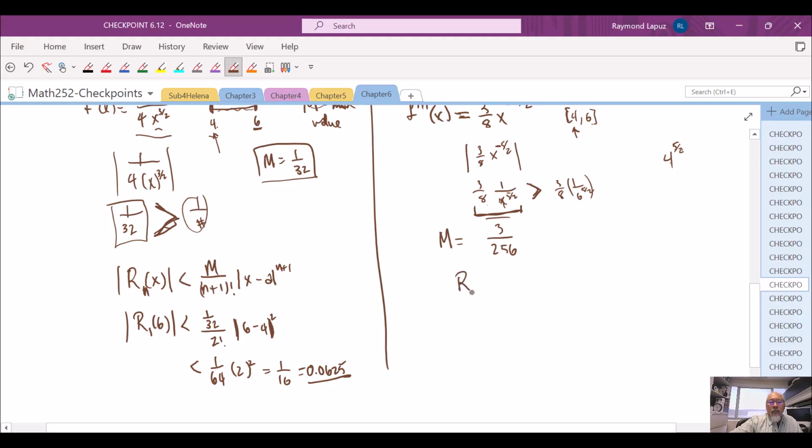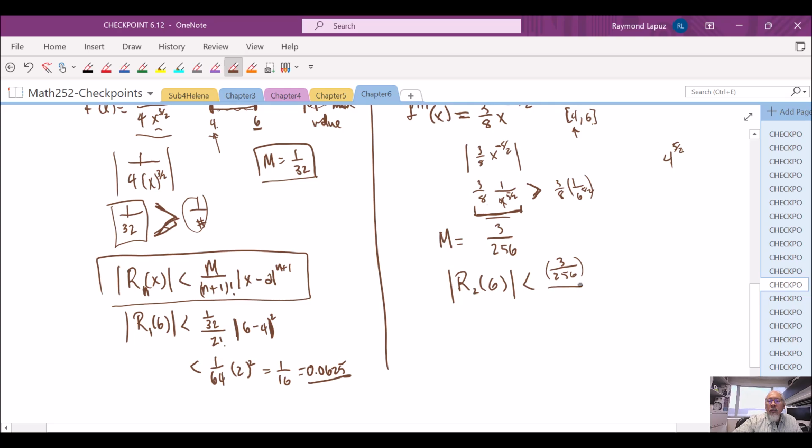And this is our formula, so I'm not going to write it again, but we know that this is going to be the remainder for our second polynomial, r2 of x. I'm just going to put 6 right away because, again, we know the formula already. And that is going to be bounded by 3 over 256 divided by 3 factorial, which is going to be 6, and then we're going to multiply it by 6 minus 4 to the third power.